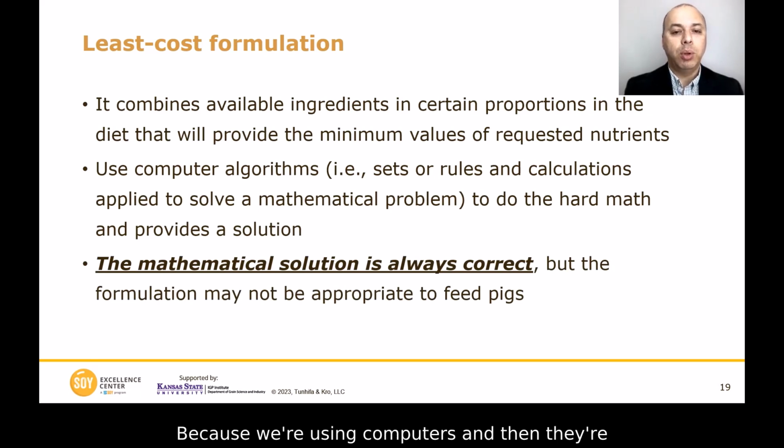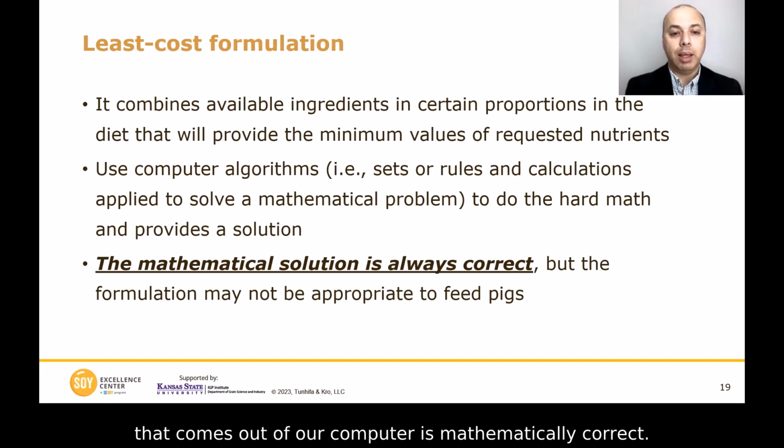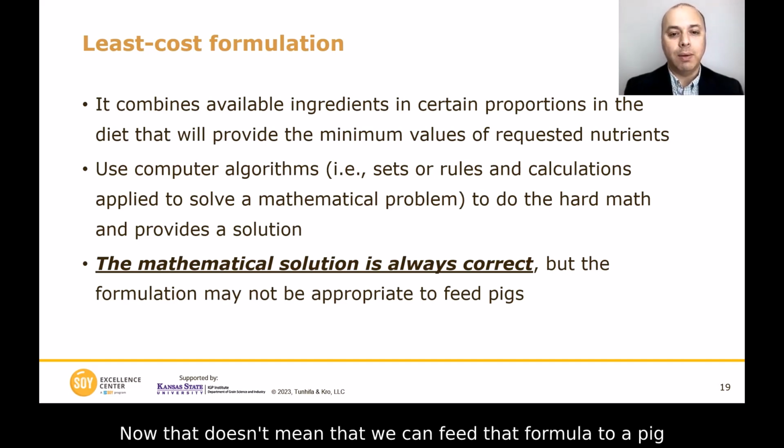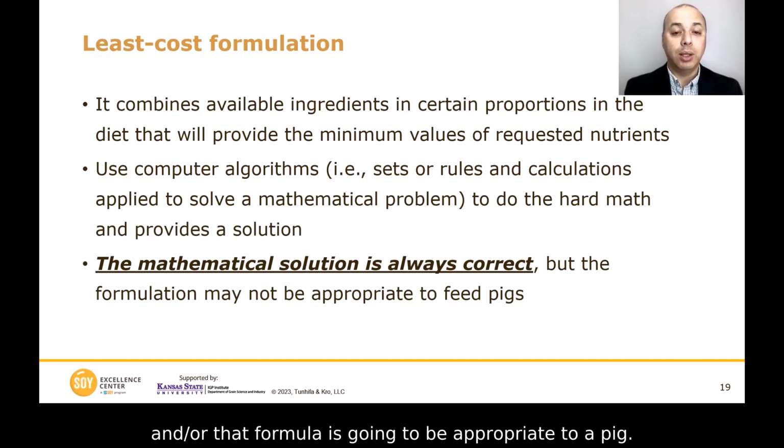Because computers are very good at performing calculations, there's one thing that we can say with certainty: the mathematical solution to any feed formulation that comes out of our computer is mathematically correct. Now, that doesn't mean that formula is going to be appropriate for a pig.